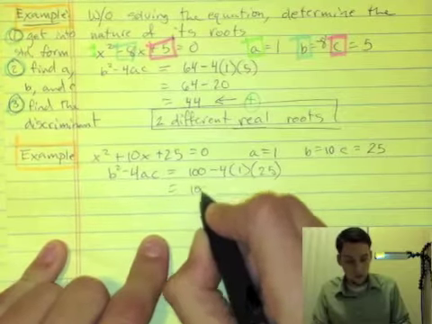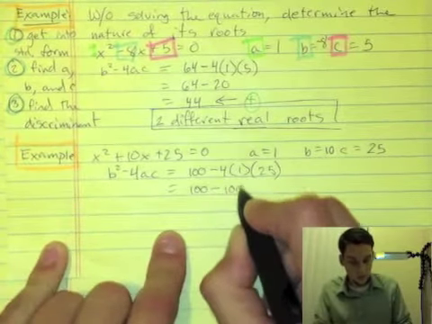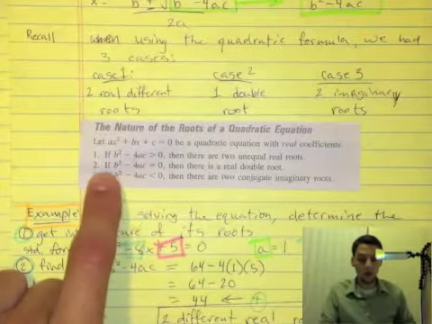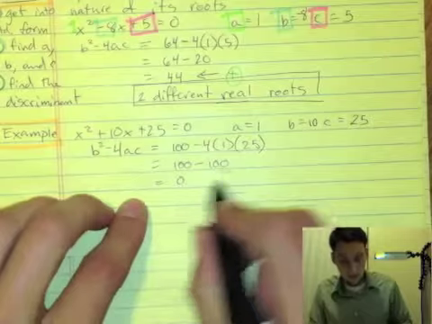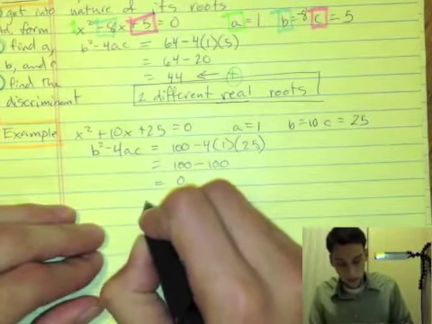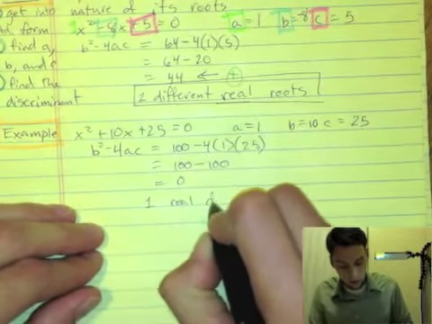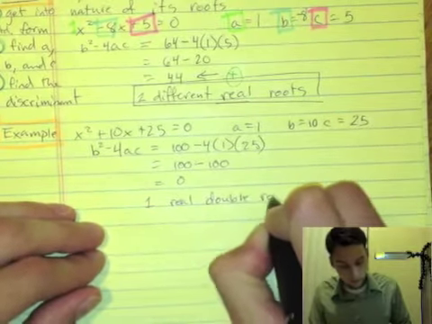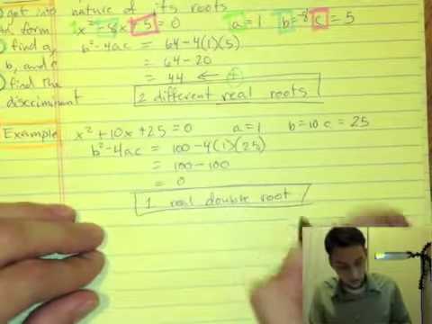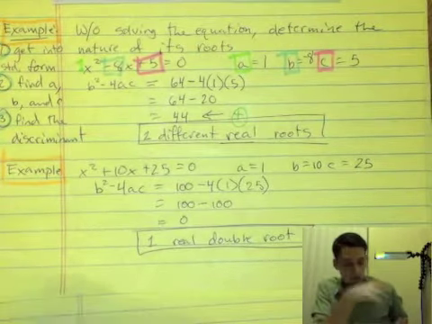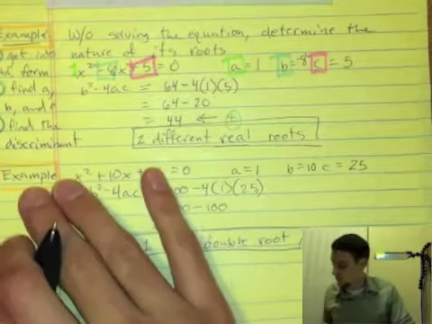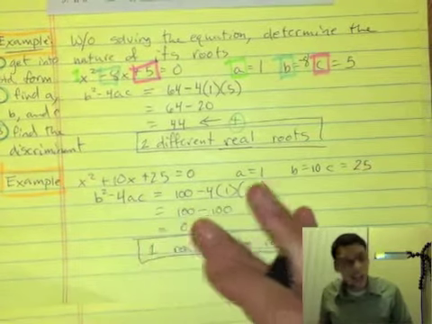And that'll give us 100 minus 100. That'll be 0. So we go back up to our gray box. If the discriminant is equal to 0, then there is a real double root. So, since this is 0, our answer will be 1 real double root. And it's just that easy. The discriminant tells us which type of root we'll have, and that's all the question is asking us to do.